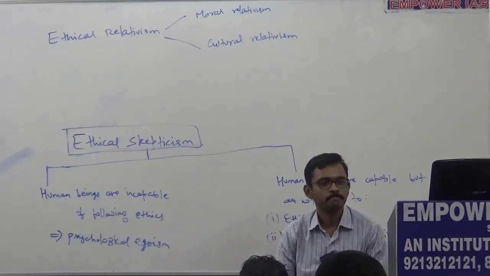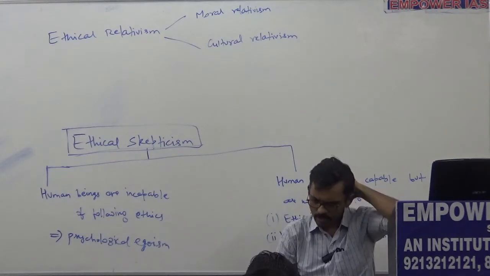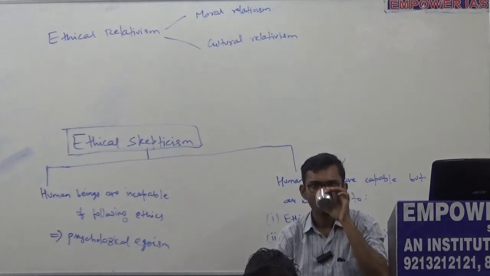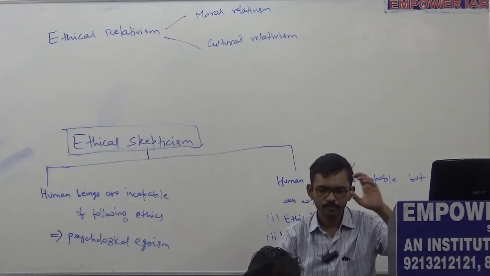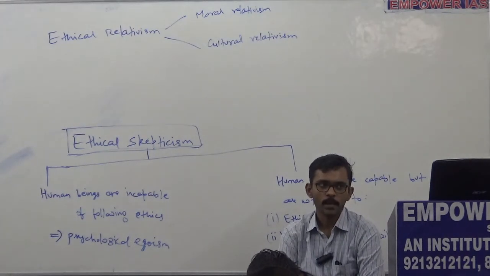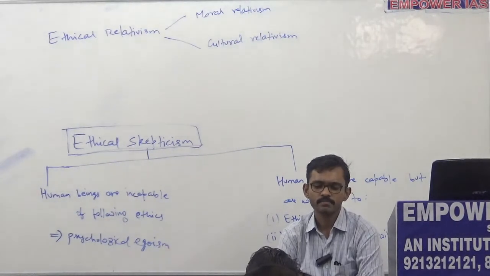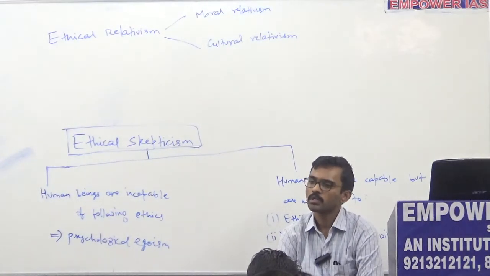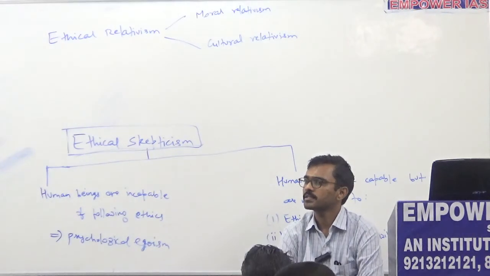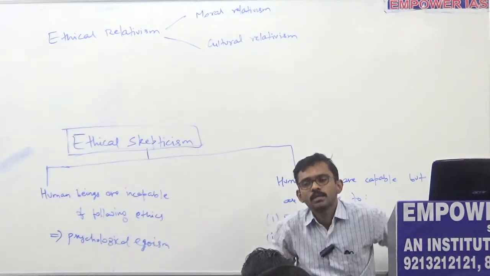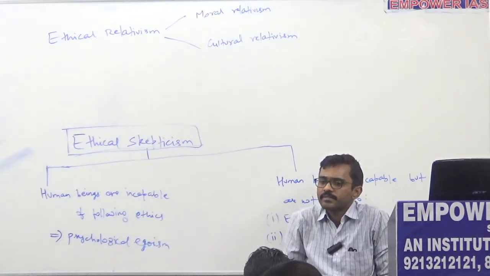Ethical relativism is a philosophy that believes that there are no universal ethical standards that apply across different cultures and individuals.